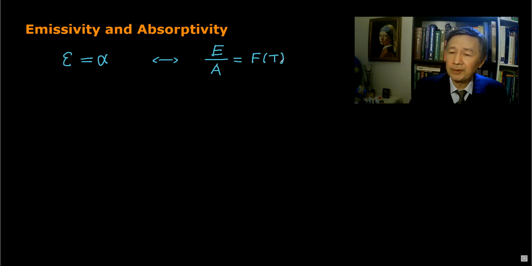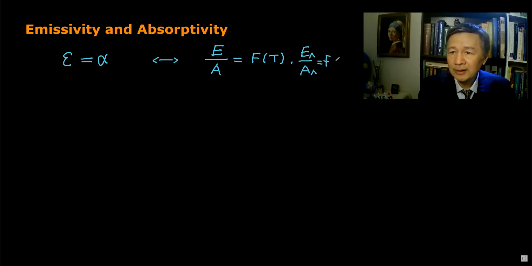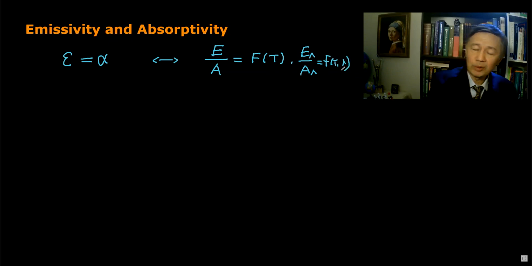Unless, of course, you study different colors, then if you put this lambda here to indicate you can measure at a particular wavelength, it will become a function of both T and lambda. Okay, that's trivial.